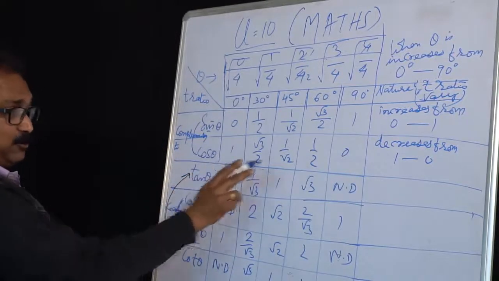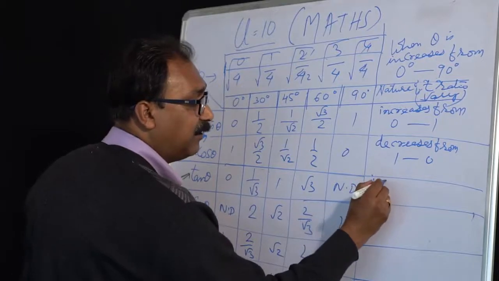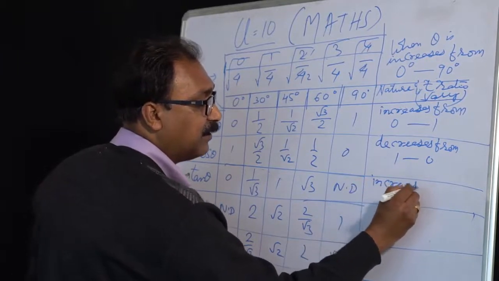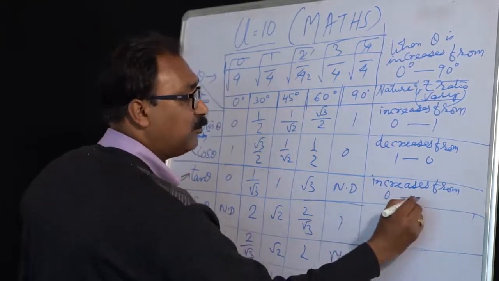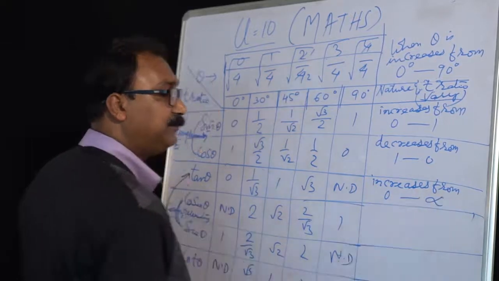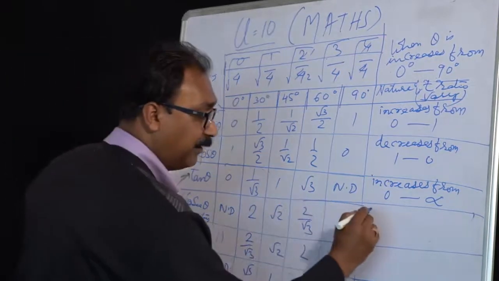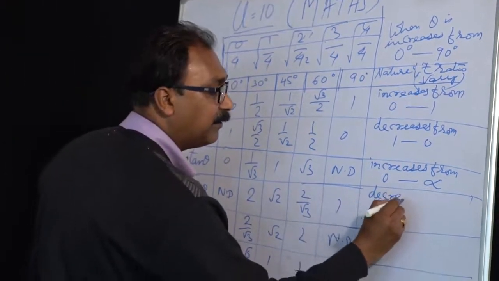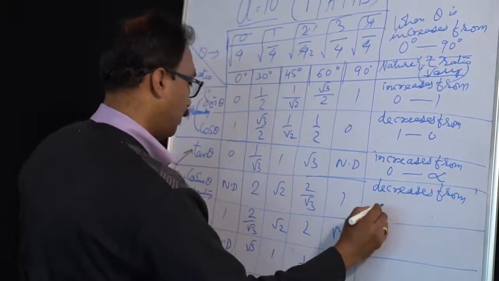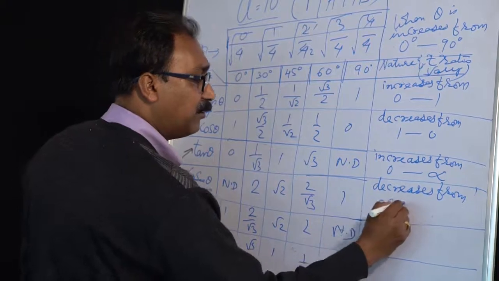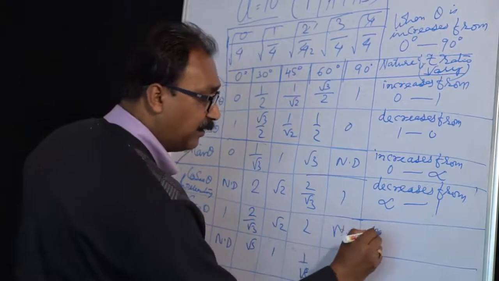Now tan theta, 0 to not defined, means increases. So we can say tan theta increases from 0 to infinity. You can use a symbol. Then cosec theta decreases from infinity to 1. And sec theta, 1 to infinity, increases again.